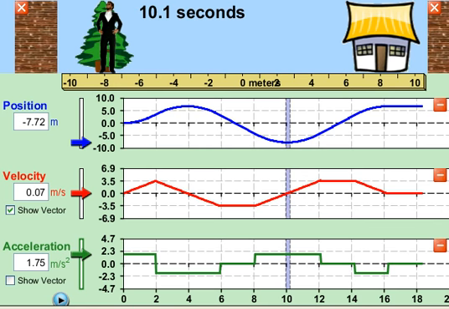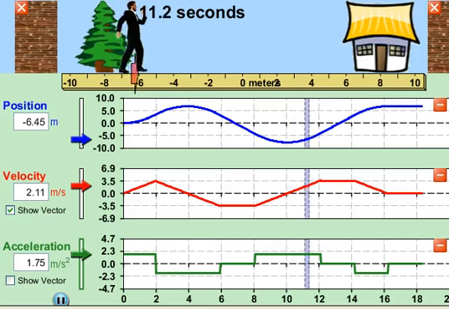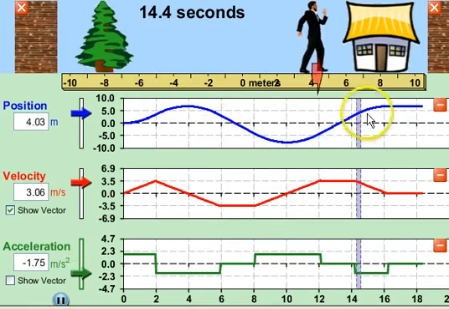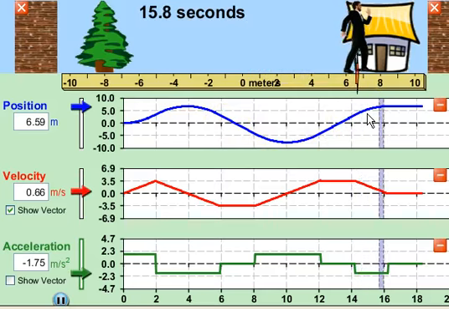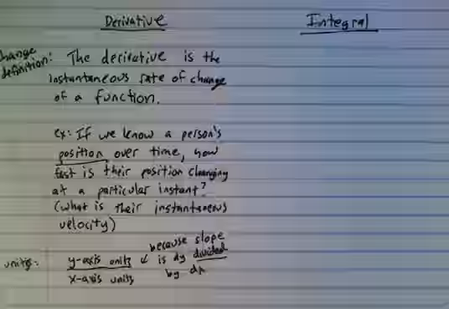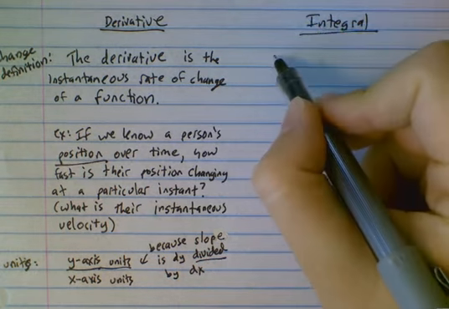So when we're talking about a derivative as a rate of change, this is what we're talking about. We have his position in meters. The derivative is his change in position, meters per second, his velocity. The integral goes the other way.